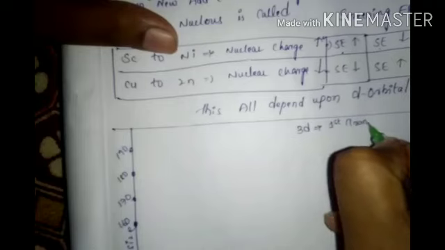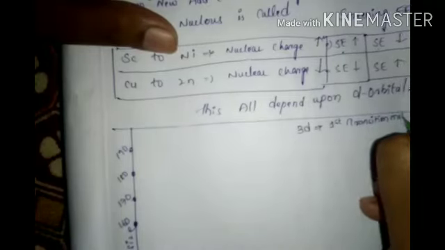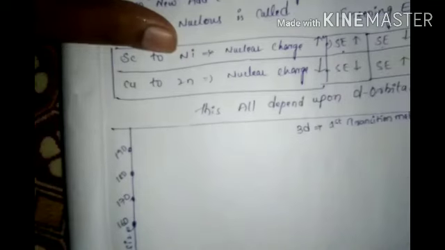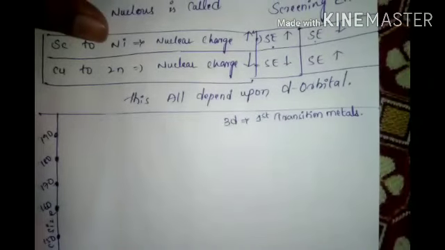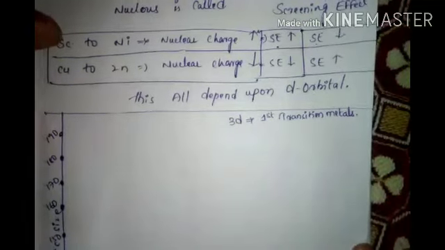Now first of all you take the 3D series. 3D series means first transition metals: scandium, titanium, vanadium. I'll take the first number.